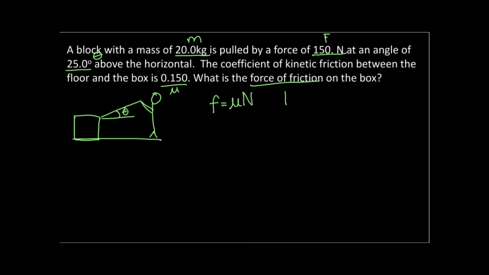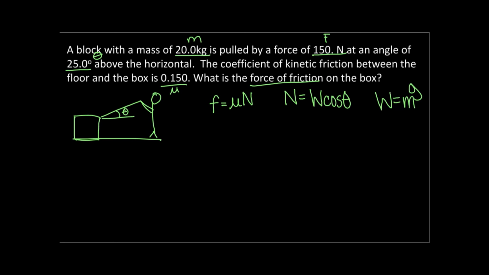So that is going to be your weight times cosine theta. Well, they didn't give us a weight either. So you can look on your formula sheet and see that weight, or Fg, is equal to mass times gravity, there you go.